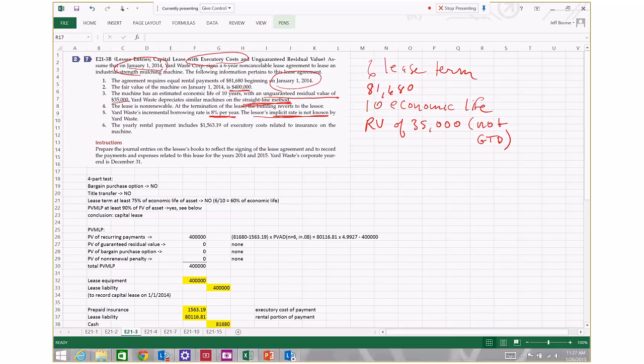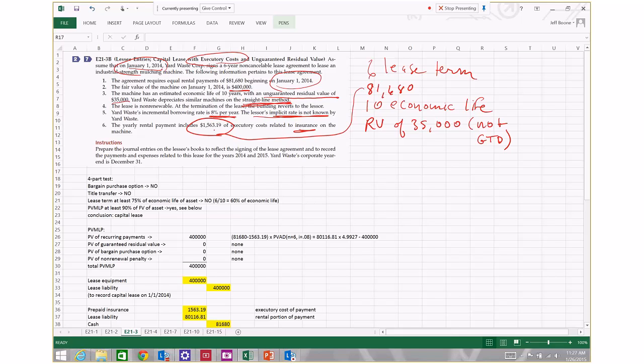And what we're told here is this $81,680 recurring rental payment includes executory cost of $1,563.19, and this relates to insurance on the machine. So this $1,563.19 is not going to be considered part of the minimum lease payments when we do our present value calculation.